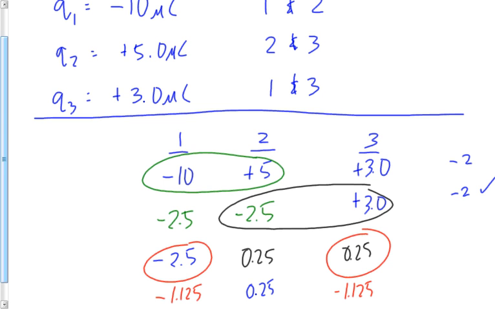Minus 2.5, 0.25 gives me minus 2. And finally, minus 1.125, 0.25, minus 1.25 gives me minus 2. So the total charge has remained the same, even though the charges I'm dealing with now individually are much smaller than the charges I was dealing with when I started. Good?